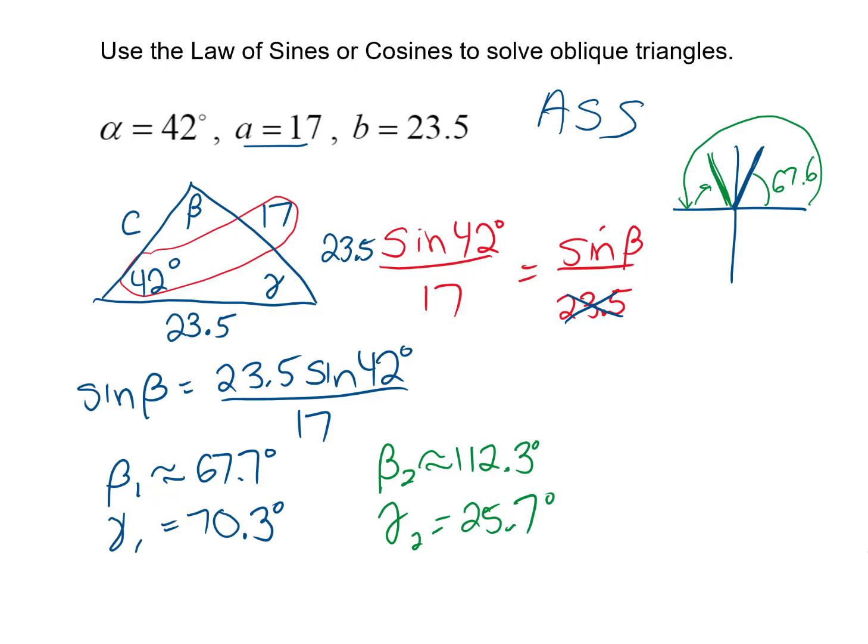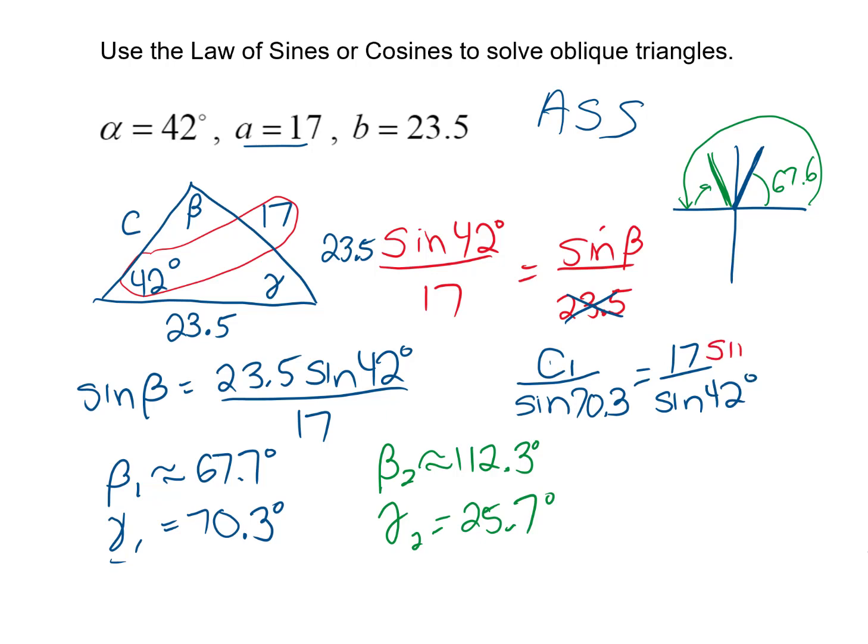So let's go ahead and find C1, which is opposite gamma. So I would have C1 over sine of 70.3, because that's what we found out was gamma 1, equals, we're going to take our angle side opposite pair, 17 over sine 42. Now let's solve this for C1.